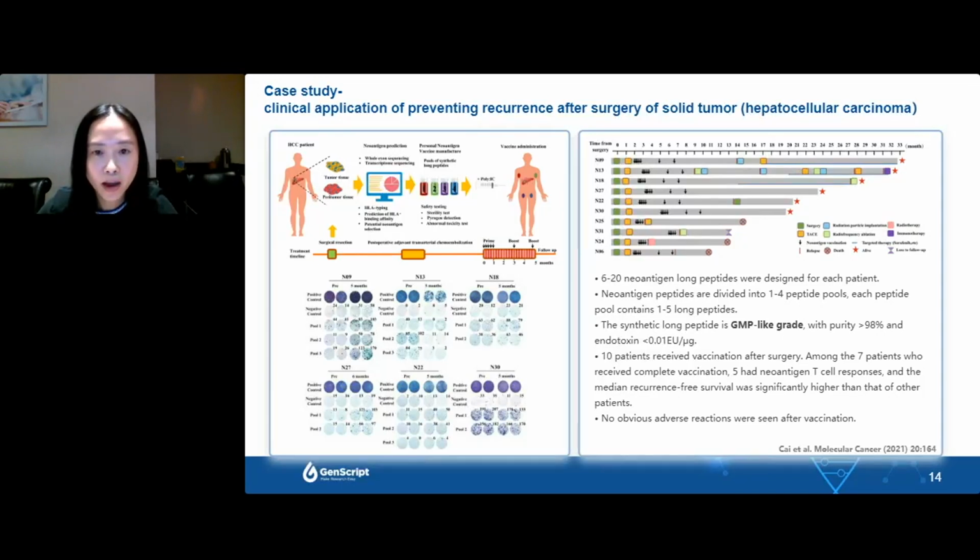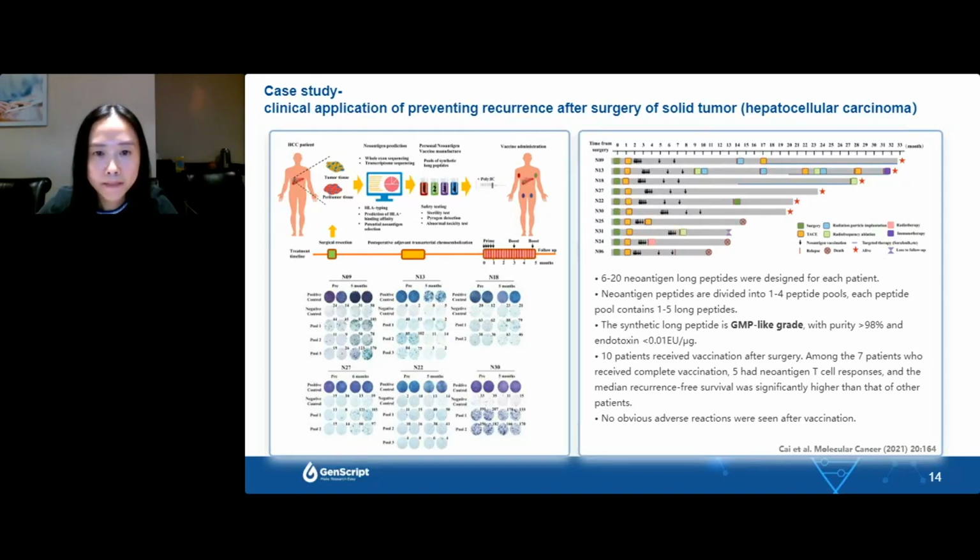Then neoantigen peptides are divided into 1 to 4 peptide pools. Each peptide pool contains 1 to 5 long peptides. And this customer purchased the GMP-like grade peptide, and the purity is more than 98%. And here's the endotoxin level.